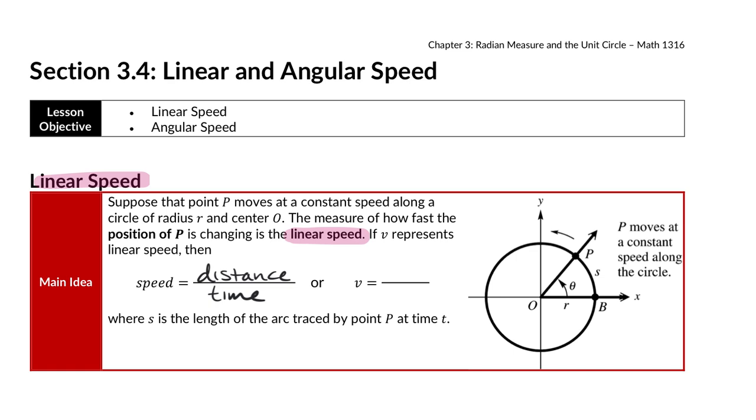For us, linear speed is equal to arc length divided by time, since the distance around a circle, the pizza crust, is the arc length. If you want to make a note to yourself so later on you're not wondering what S stands for, remember, S represents arc length, which is the pizza crust distance.